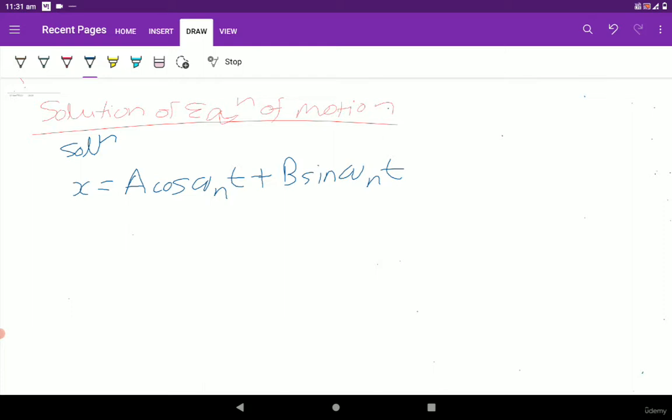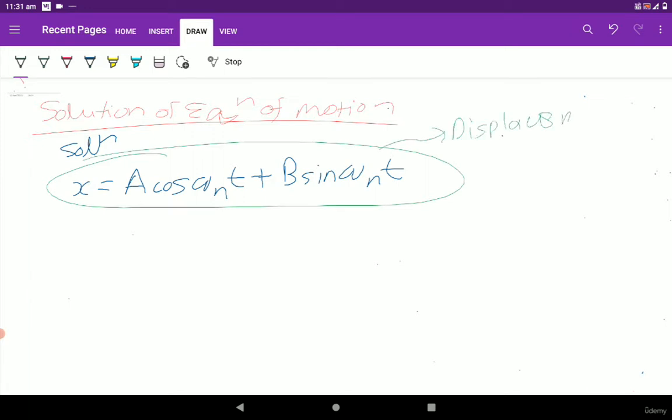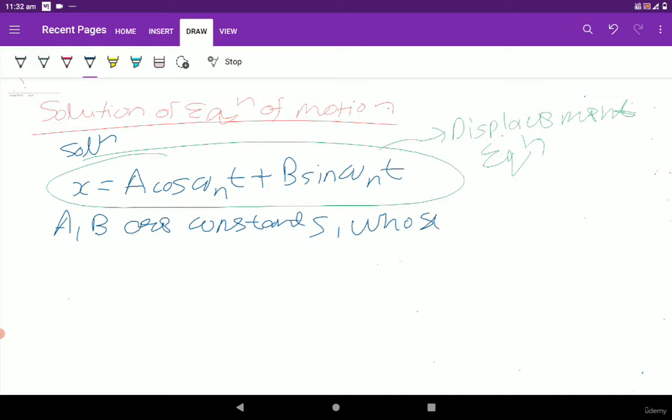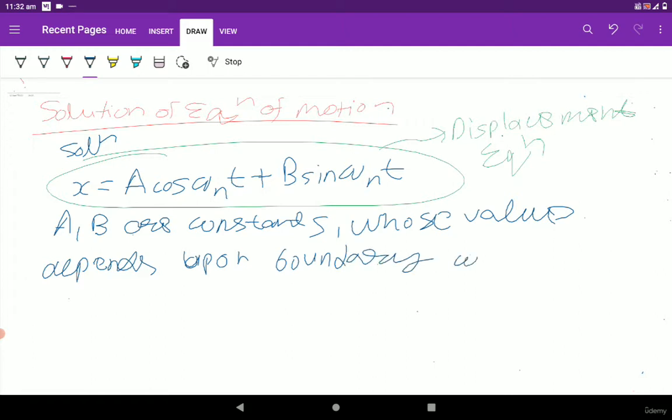So this is the displacement equation, where A and B are constants whose values depend upon the boundary conditions.